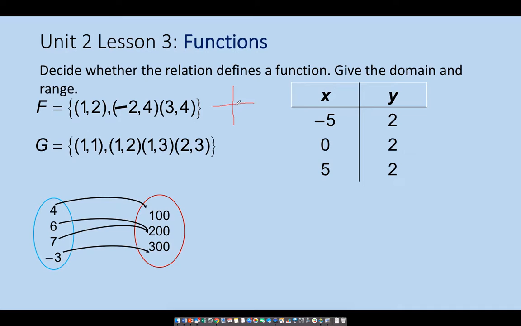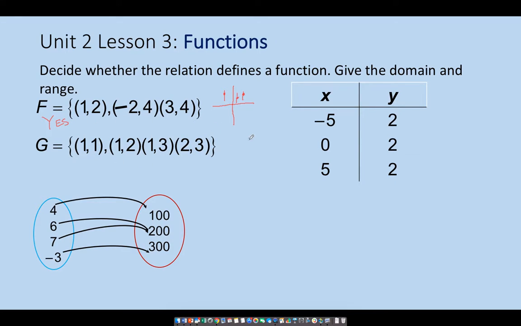It doesn't have to be a great graph. A simple quick one will usually do. The point 1, 2, the point negative 2, positive 4, point 3, positive 4. Well, is this going to pass the vertical line test? Touches in one spot, one spot, one spot. Yep, this is a function.